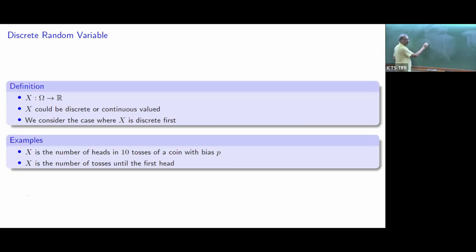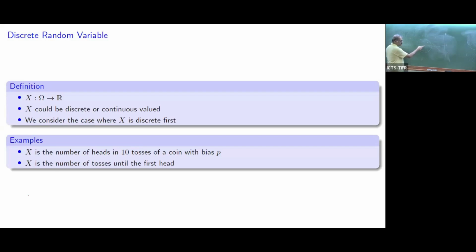For example, if this point corresponds to all heads, then it is mapped into the value 10. If you had another point which only had 8 heads and 2 tails, this point will be mapped into 8.